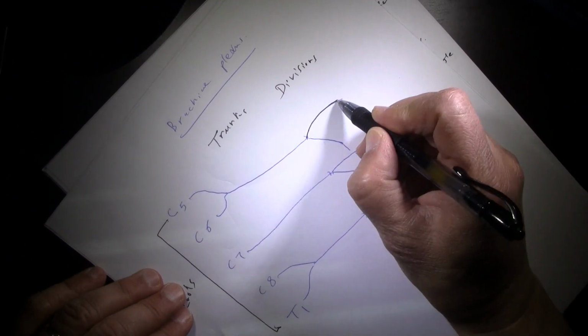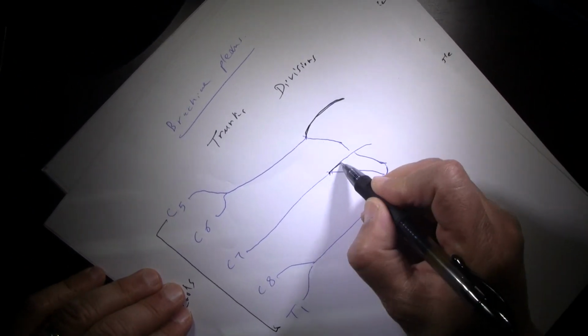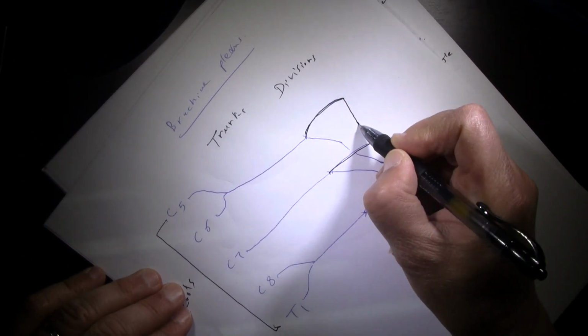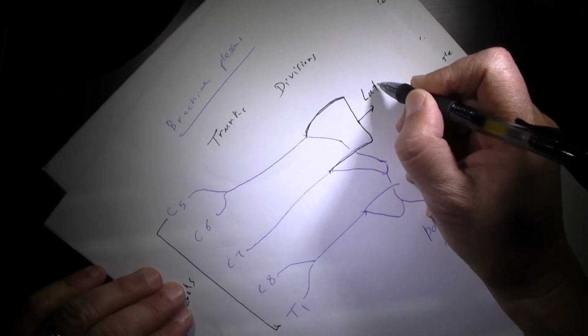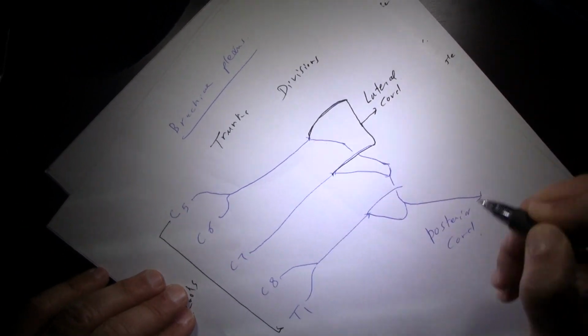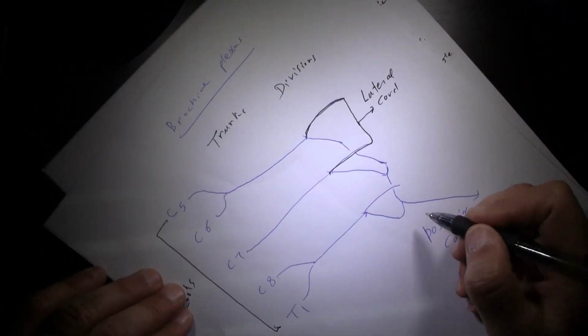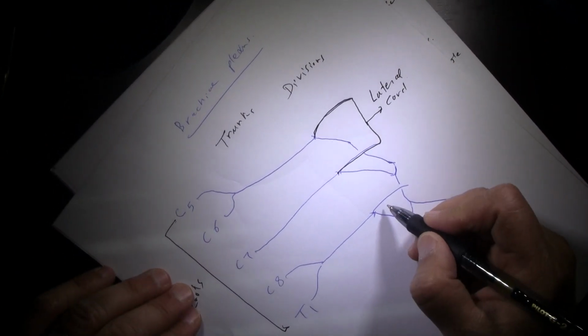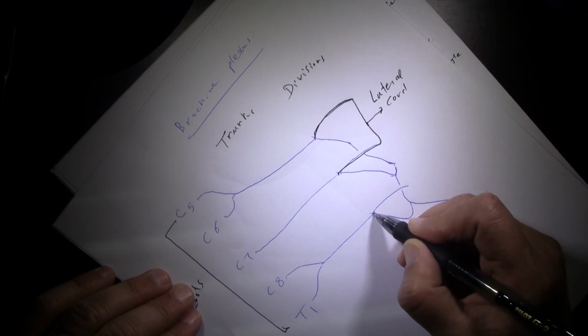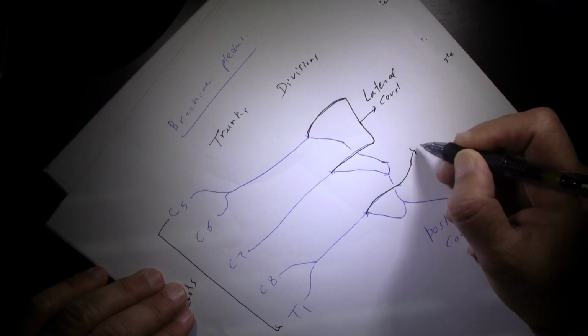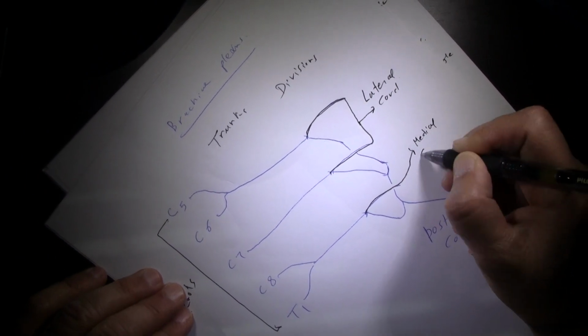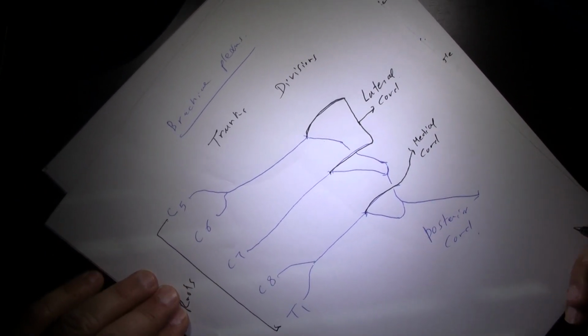This is the anterior division of the upper trunk with the anterior division of the middle trunk. They form the lateral cord. Then the anterior division of the lower trunk forms the medial cord. So how many cords do we have?